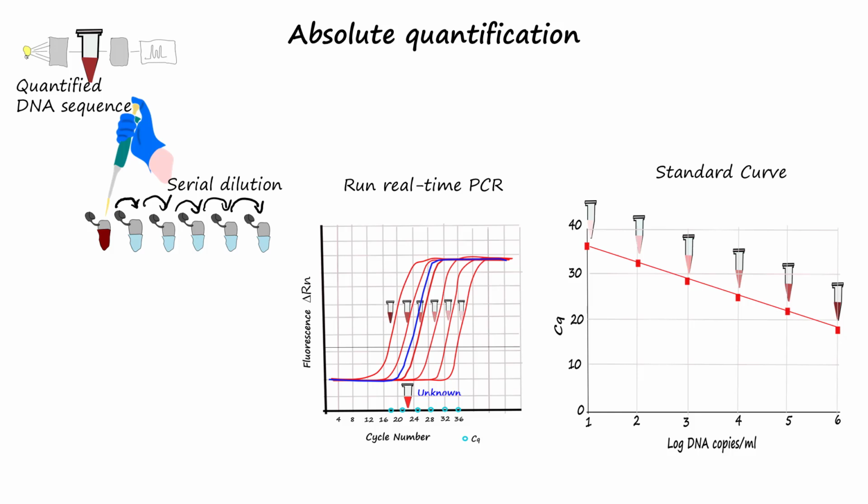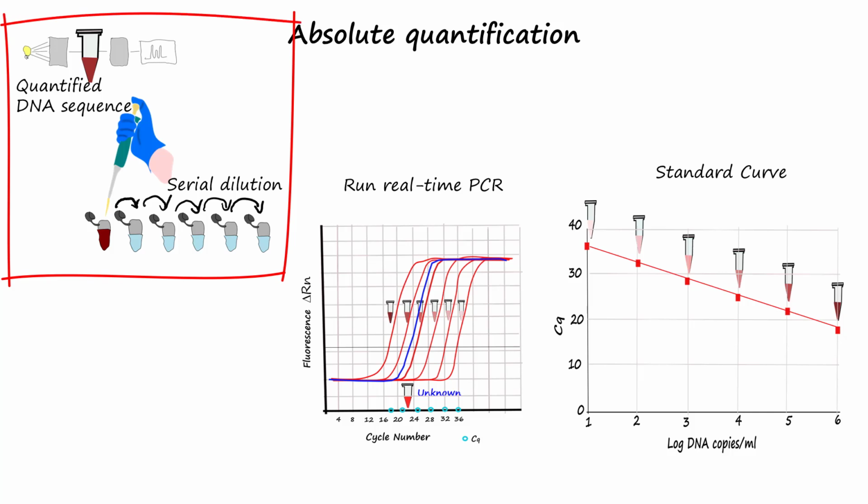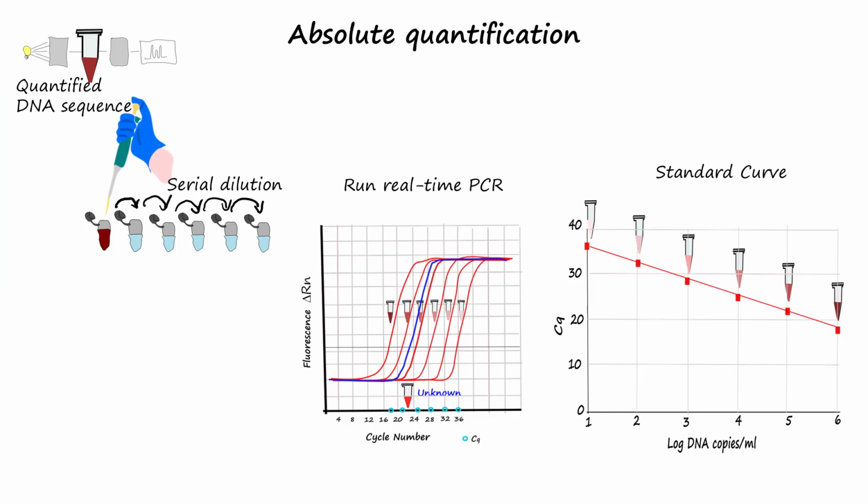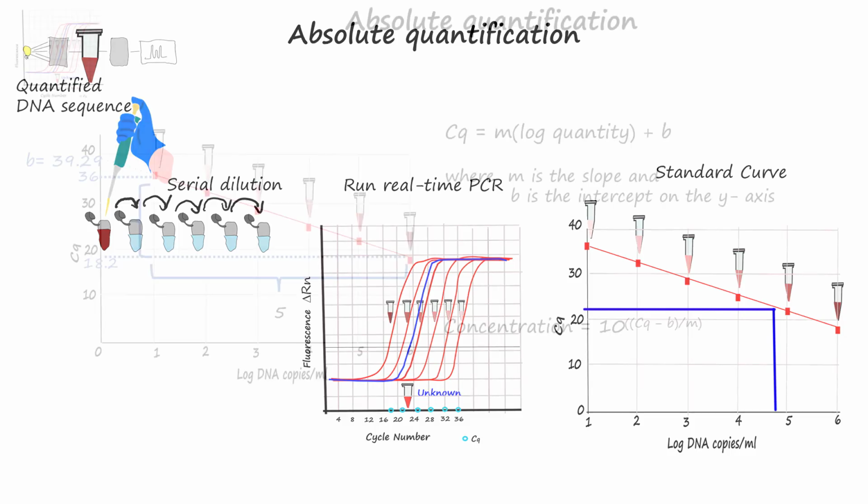For absolute quantification, an absolute standard curve is created by diluting a nucleic acid sequence that has been accurately quantified by other means. The DNA quantity of target or gene of interest in the sample is obtained by comparing the CQ values of the unknown targets to the standards.